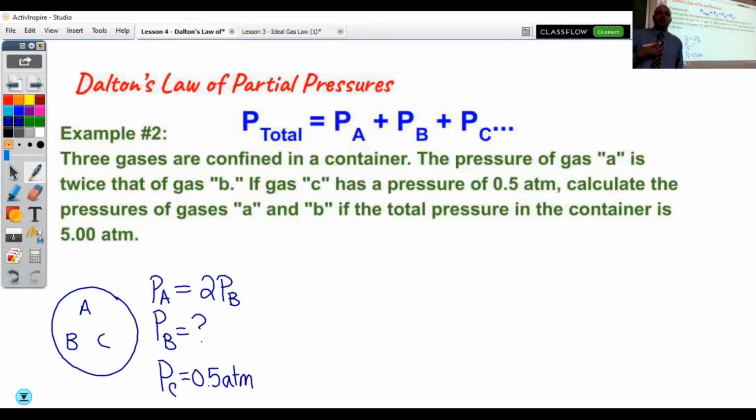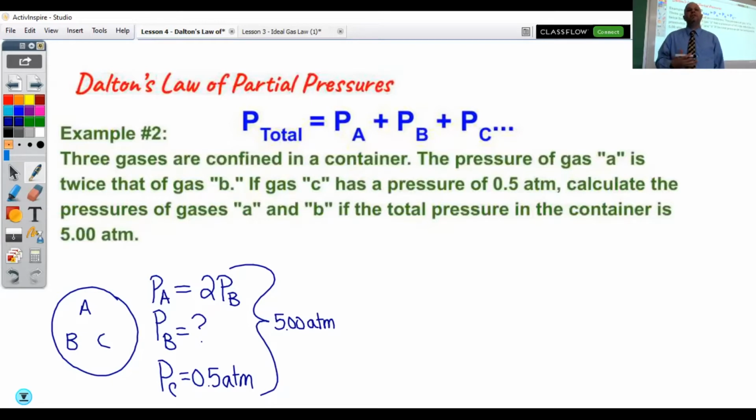They tell us that the total pressure of the entire container is equal to 5.00 atm. That means all 3 of these gases, when we find their individual pressures, will add up to give us our 5.00 atm. Now, our goal is to find the individual pressures of gases A and B.